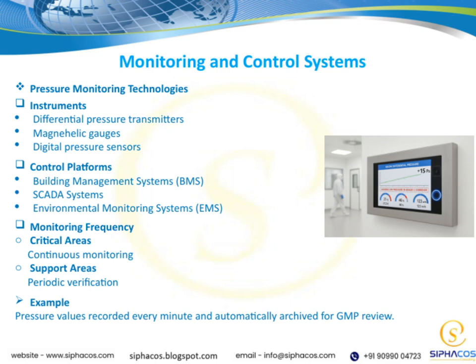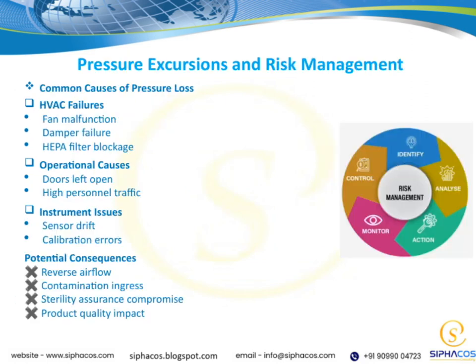In critical areas, monitoring happens continuously, while support areas get periodic checks. For example, pressure values might be recorded every minute and automatically saved for GMP review, ensuring everything stays within safe limits.